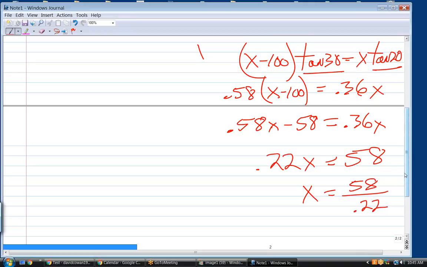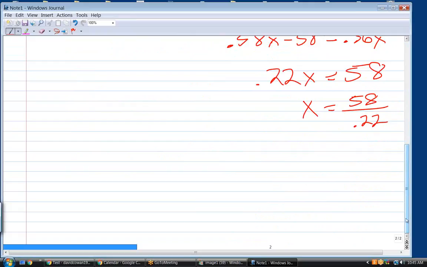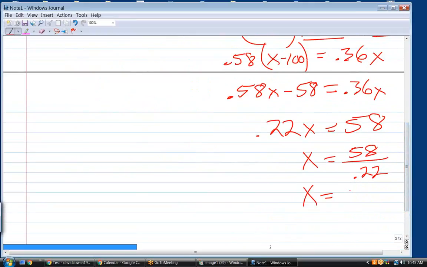Which is like 250, something like that. 263. And x was the total distance to the building. Right. So that's probably as hard as they get in terms of right angle word problems, where you end up with two equations and two unknowns.